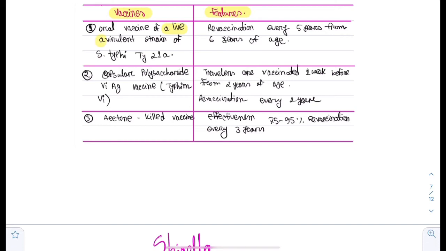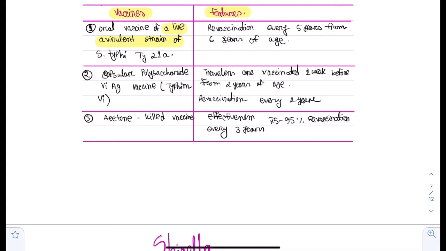So the bacteria will be live, and avirulent means the virulence factors and the toxins will be taken off in the lab, by doing some processes on the live bacteria. We will take out the toxins and we will be able to make the vaccines, and as a result we will be able to immunize against that bacteria, which is salmonella.